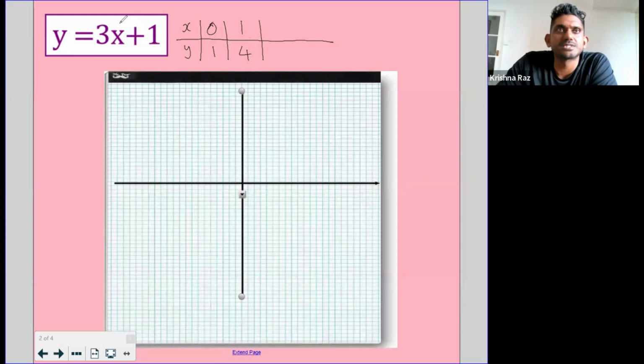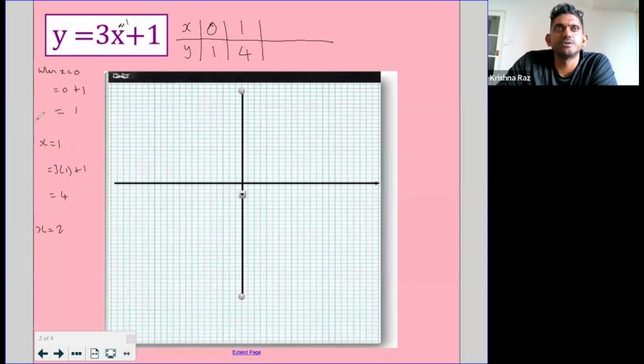So what I'm doing is I'm subbing the value into here. So when we did 3 times 0, we got 0, plus 1 gave us 1. When x is 1, we will have 3 times 1 plus 1, which gave us 4.